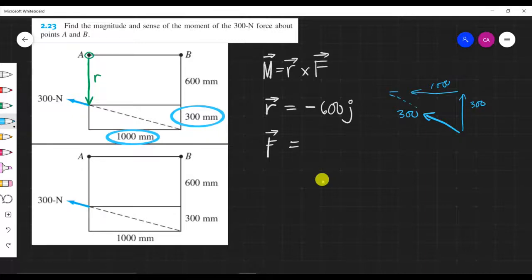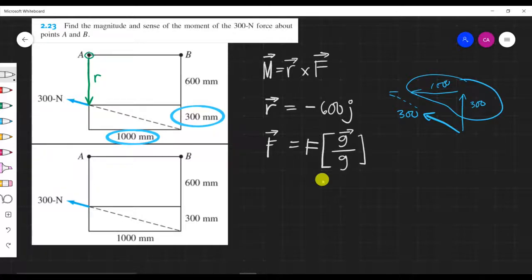Pero hindi yun yung vector component ha. This is direction. Okay? Aangat ka ng 300, kakaliwa ka ng 1,000. So ganyan siya. So the vector F is equals to the magnitude of F itself times, kapag ganyan yung scenario, times the direction vector, tawagin natin G. G vector, the direction vector over the magnitude of the vector.